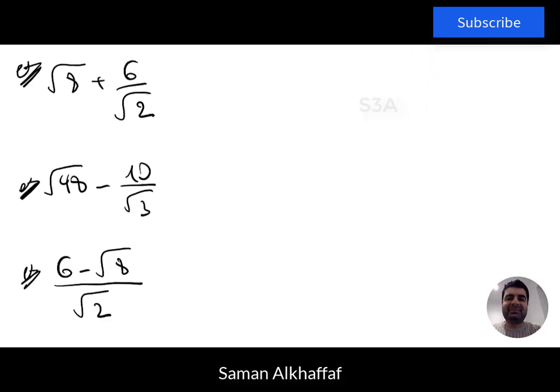In this example, we have root of 8 plus 6 over root 2. In this scenario, we'll try to simplify the bigger root. So if there are common roots that we can work with, the root 8 can be simplified to 2 root 2 plus we have the 6 over root 2, so we write the 6 over root 2. We can simplify the second term, the 6 over root 2, by multiplying it by its conjugate, root 2 over root 2.